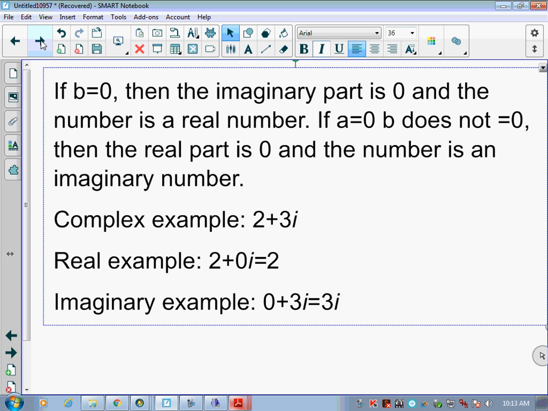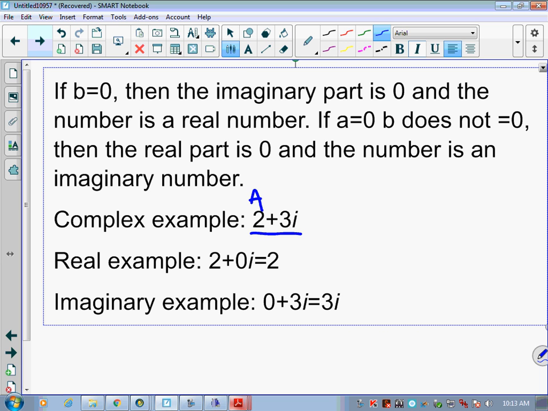So here's an example. Okay? A complex example is 2 plus 3i, where this is a plus bi. Okay, I've got a real part, which is 2, and I've got an imaginary part, which is 3i. Okay, I can get a real example, though, if I take a real part plus 0 times i.